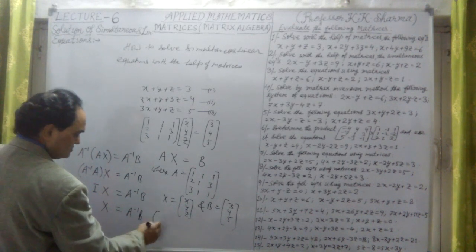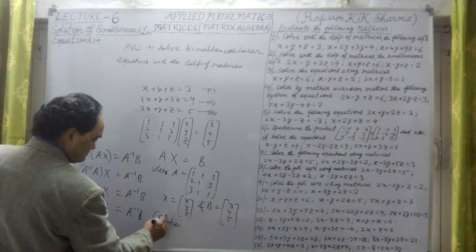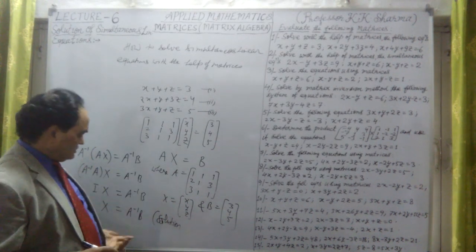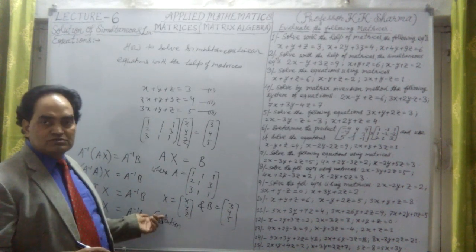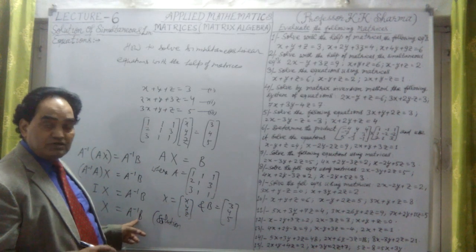So this is the solution we will find. We will write all these kinds of equations in this form: X equals A inverse B. We have to find A inverse now. Then this column matrix B is multiplied by the A inverse value.